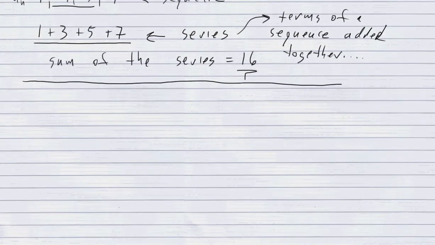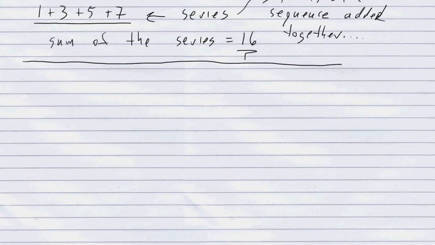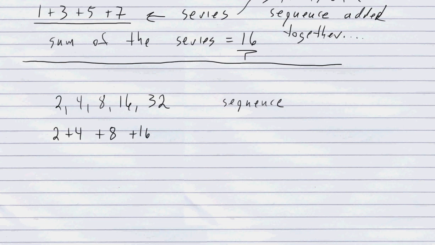Now let's try that out here. For example, let's say we've got this sequence: 2, 4, 8, 16, 32. If we write it like this, 2 plus 4 plus 8 plus 16 plus 32, we get a series.